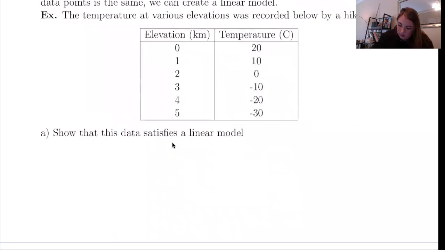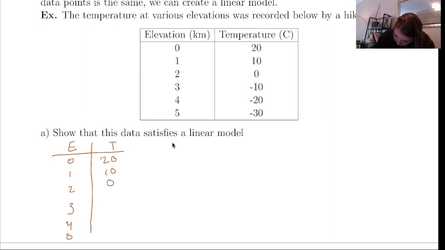Okay, well, elevation, temperature, I just want to write this real fast. I like to do this in terms of a chart. So 0, 1, 2, 3, 4, and 5, and 20, 10, 0, -10, -20, -30.